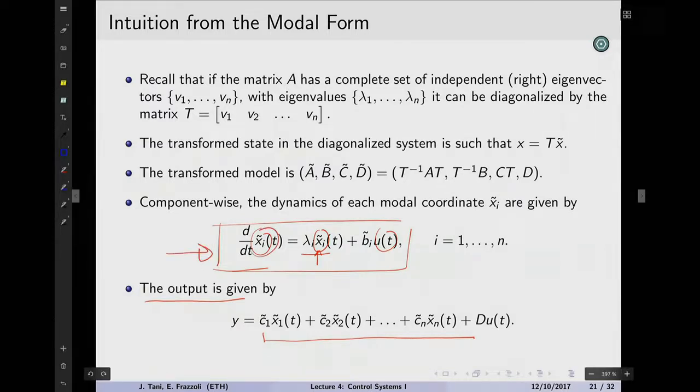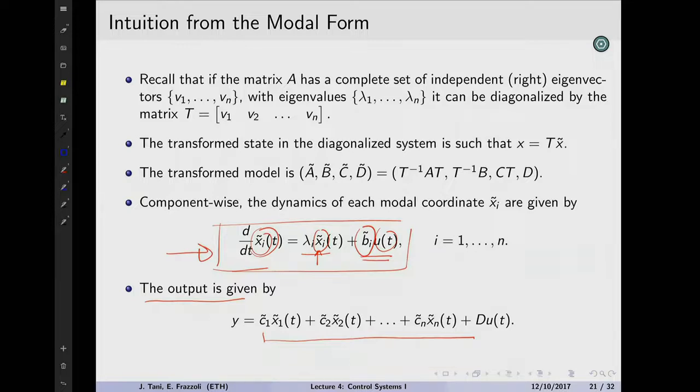The evolution of a state is regulated by these equations, and the input appears in those equations, so it is possible to have some effect with the input on that state variable only if this b_i tilde is different from 0. If this was equal to 0, whatever input you plugged in would have no effect on that specific favorite direction of the system.